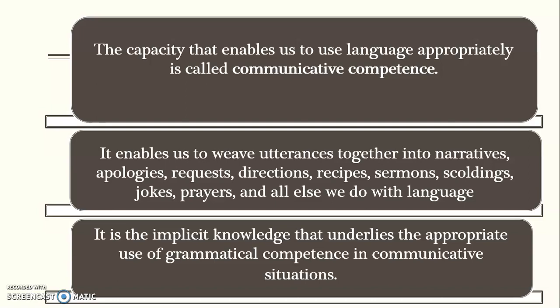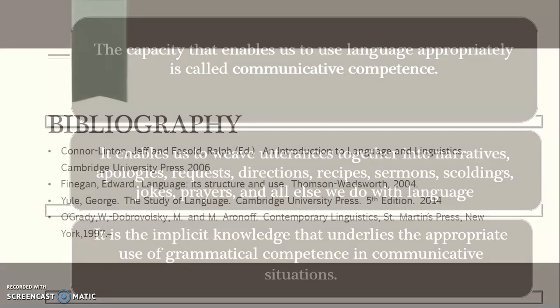That is communicative competence. It encompasses linguistic competence, discourse competence, strategic competence, sociolinguistic competence. It is the implicit knowledge that underlies the appropriate use of grammatical competence in communicative situations. But for that, I need to know the grammar of the language. It's very important.